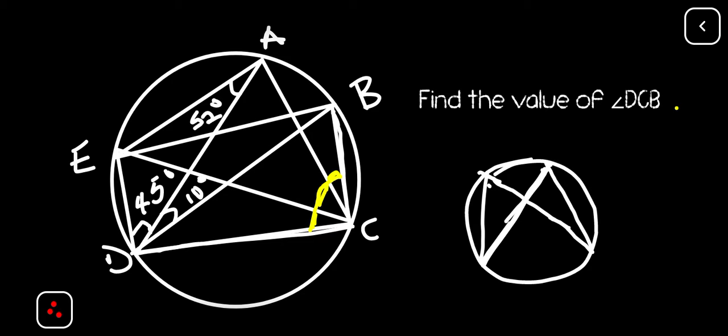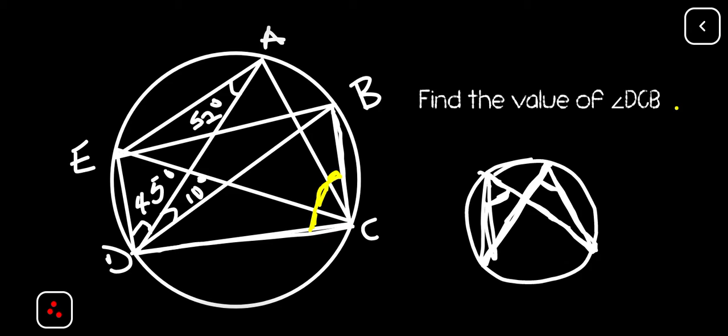So we get two subtended angles from the same segment, one going to this point and this point, and one from this same point going to another point and coming back to this point. The theorem says that once you have something like this, two or more subtended angles coming from the same segment, they form equal angles.